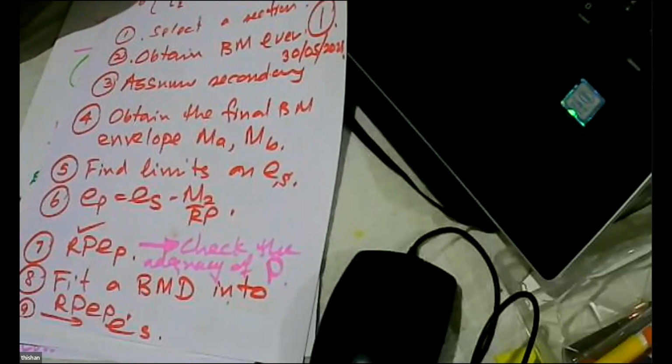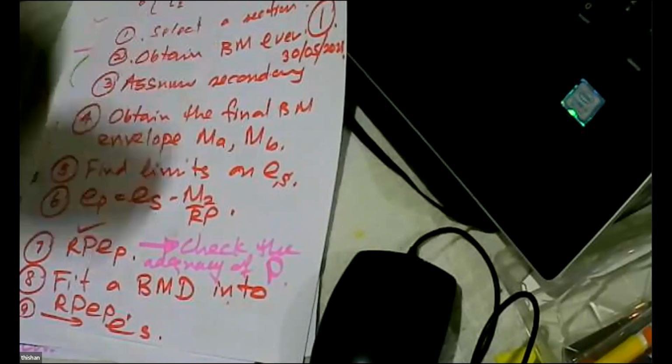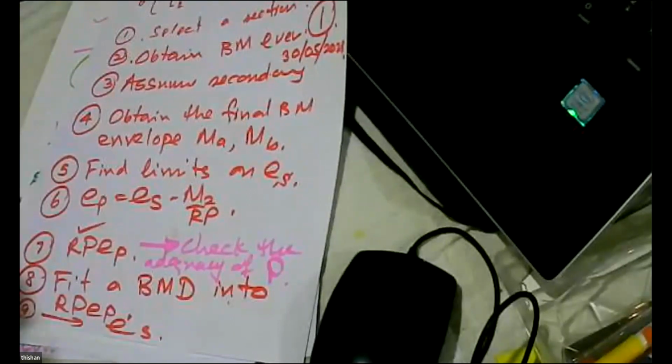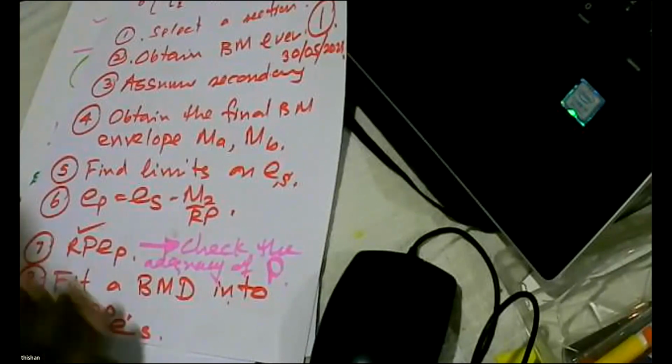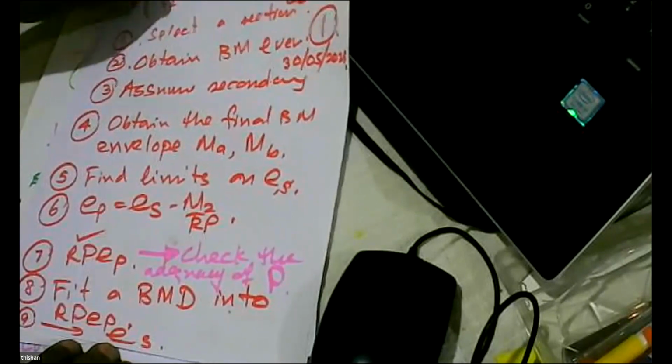That's the way I actually do design. For example, I can do any kind of design without looking at a code, because a lot of rules in codes I have converted to simple rules, and I can just keep on designing without looking at a code. That's why I wrote this method.